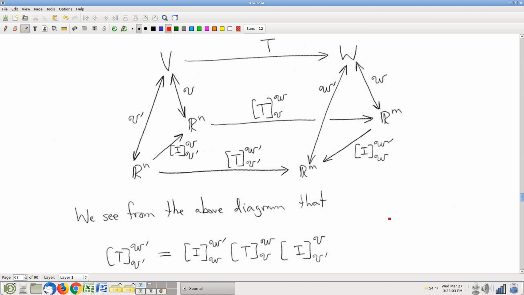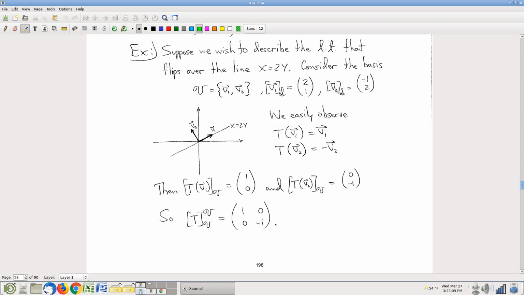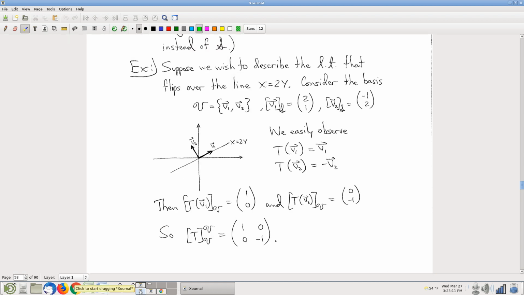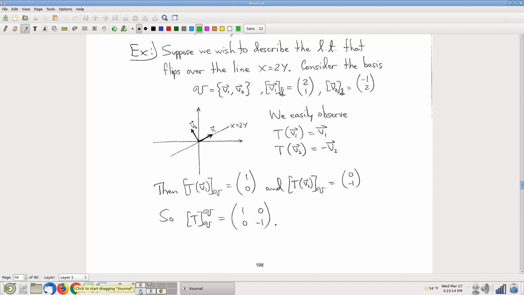So I'd like to show you an example of this in action. Let me call your attention to a previous application that we wrote down. This is how to represent a linear transformation with respect to a basis, and we were talking about flipping over this line. And the big idea that we had was, phooey on the standard basis.